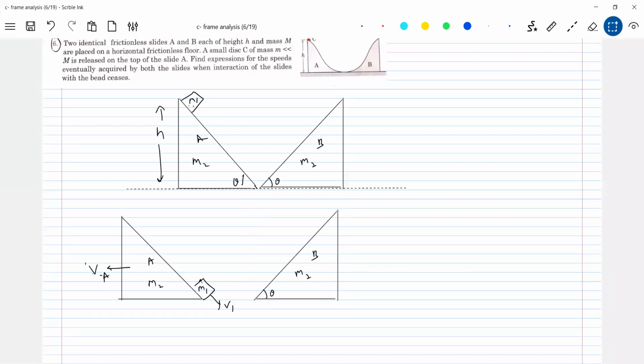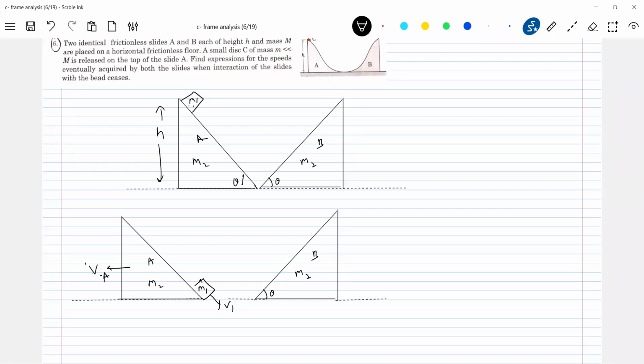Now it will land onto the ground. Most of you might be knowing, I'm just picking this up to explain the center of mass concept. Now tell me, how to calculate VA and V1?